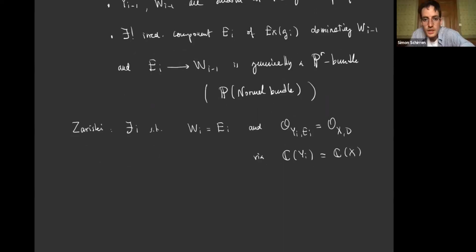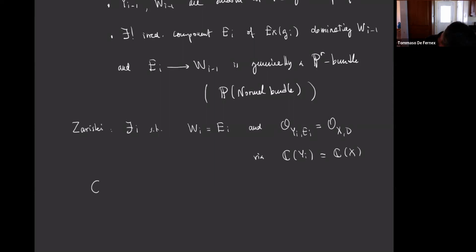Sorry, could you, how do you define the center of the valuation? Okay, that's a good question. I didn't really explain that, but if you have a variety, you have a valuation ring. Say X is proper for simplicity.